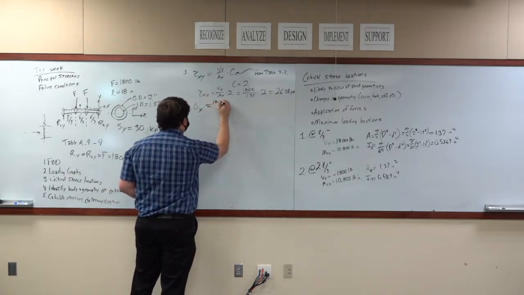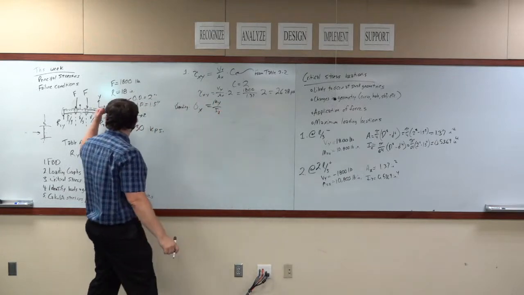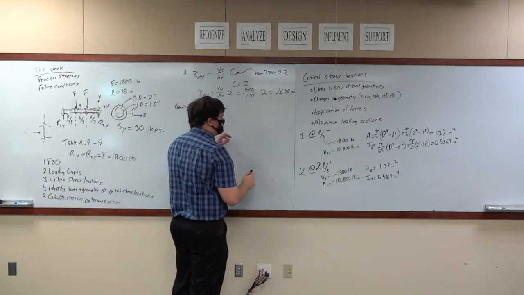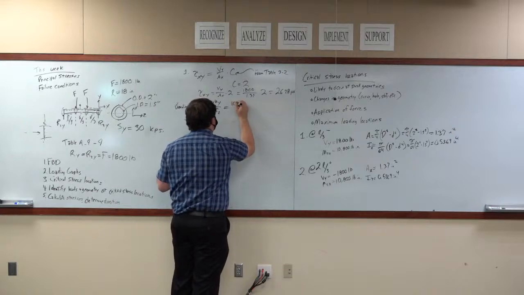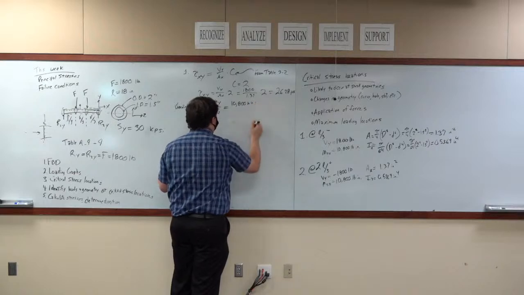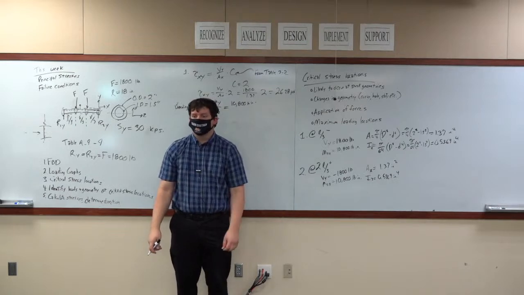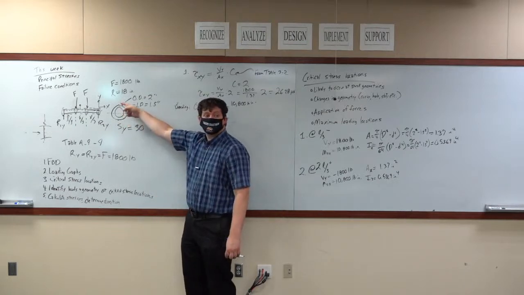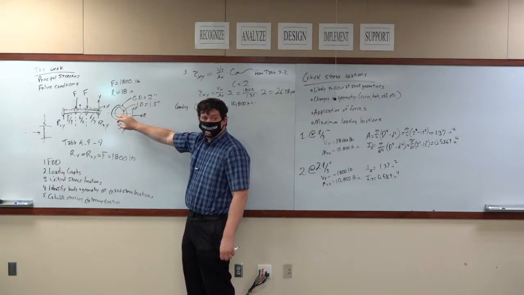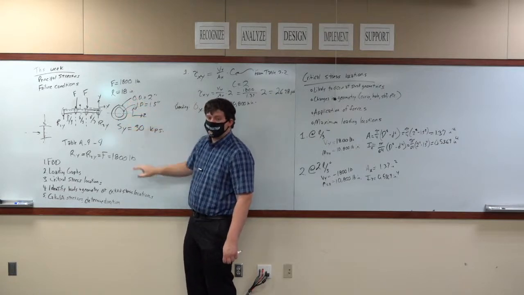Sigma x, the equation for that is My over I. Here it's an Iz because it's bending across the z direction. This is equal to, we know what the bending moment is, 10,800 pound-inches. What is y? It's the distance from the centroid to the point where we're calculating the stress. The maximum value for y here is going to be the distance from that z centroid to the top of the beam or to the bottom of the beam.